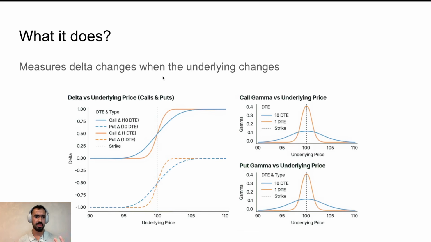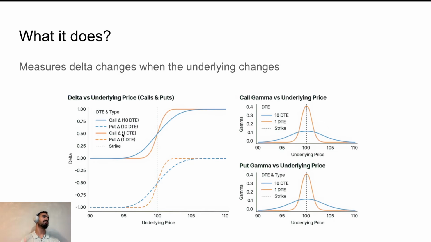Great. Let's continue. So gamma, like we said, tracks how the delta is going to be changing when the underlying changes. Look, these charts are not fancy whatsoever, just bear with me. Here on the left side you have two different plots.